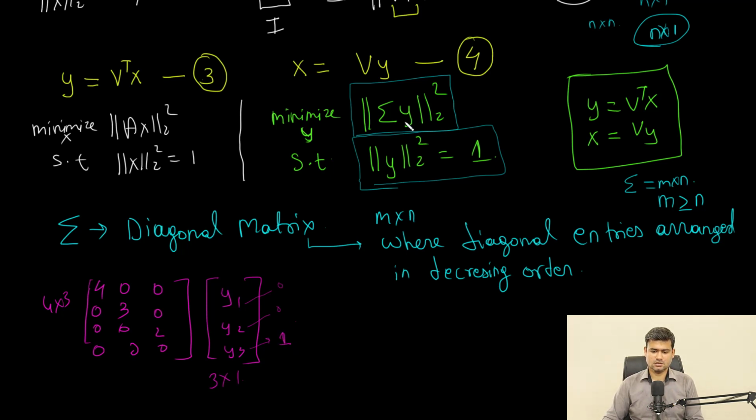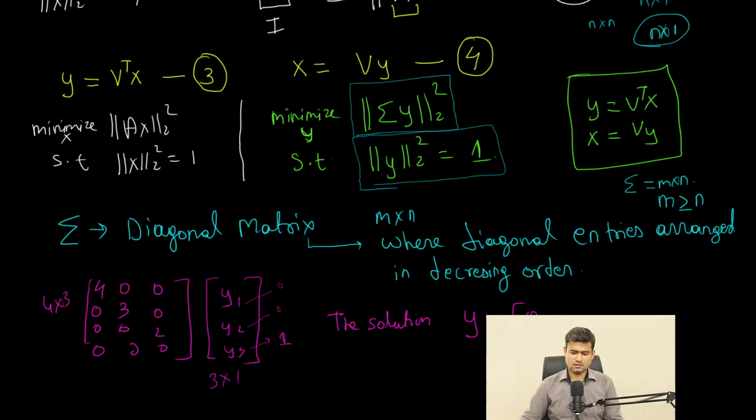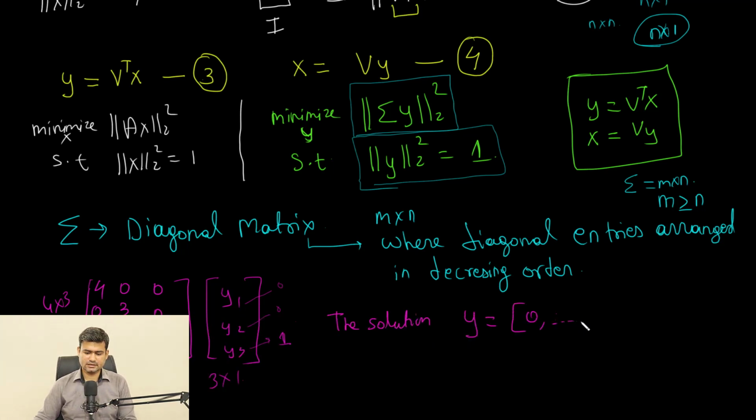It follows, using the property that sigma is a diagonal matrix with diagonal entries arranged in decreasing order, that the solution to this optimization problem is a vector y with all the entries being 0, only the last entry being 1.